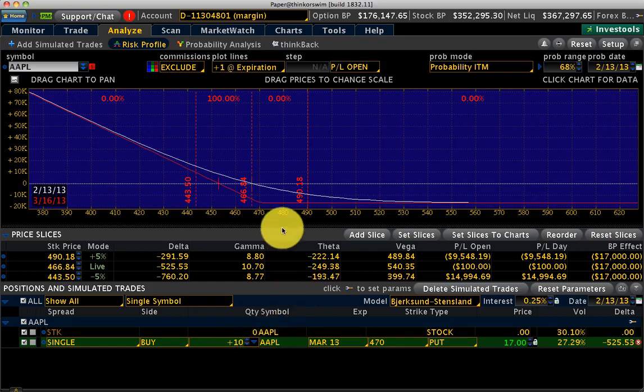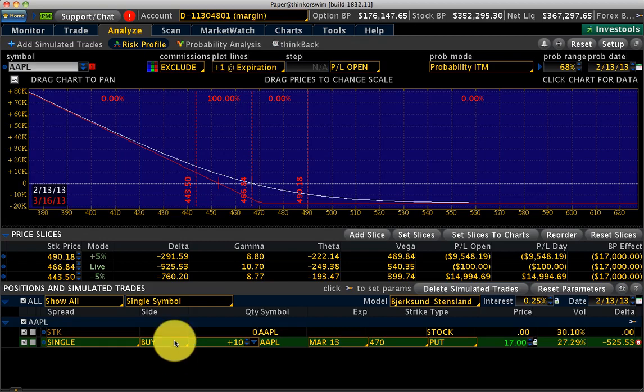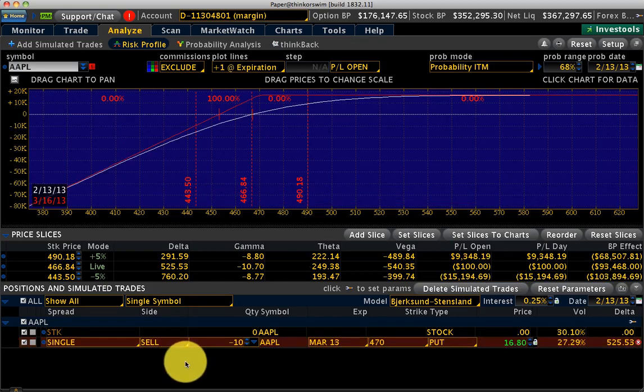Anyway, this is what the buyer's and seller's profile looks like. It's a symmetrical opposite of each other. The buyer and seller share the risks and the rewards, albeit not equally, but they are complementary characters in this transaction. There's only two of them, a buyer and a seller.